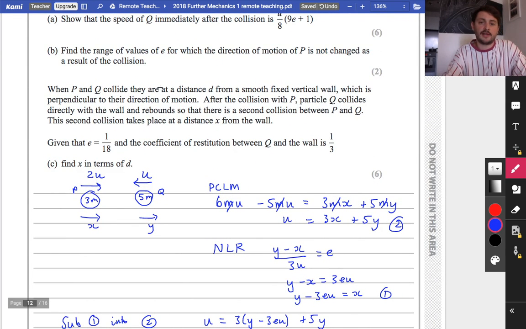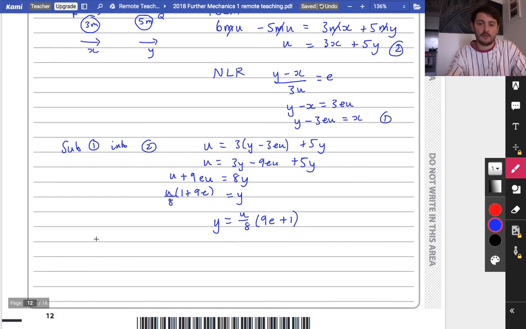Find the range of values for e for which the direction of motion of P is not changed as a result of the collision. So if we want this to be not changed, I want x to be positive. So I better find out what x actually is. So that was part A of the question.